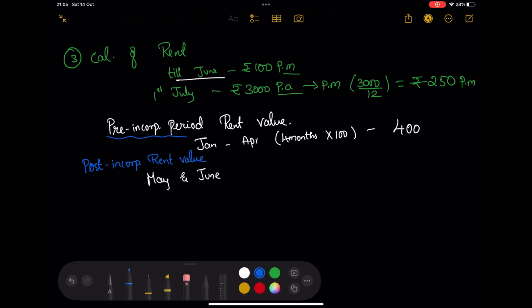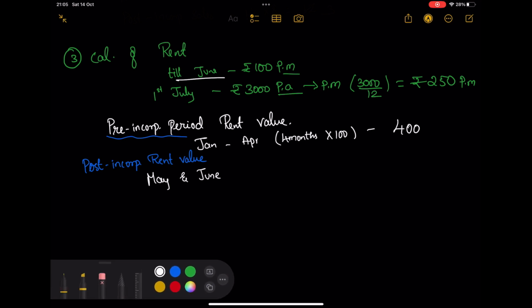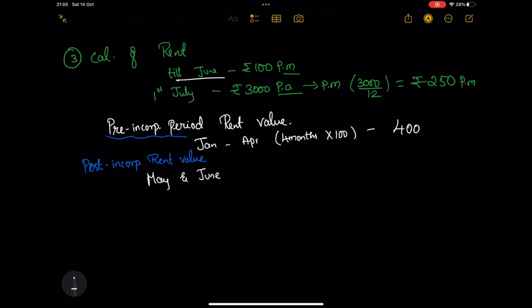Got it? For May and June it is valued at 100 only. So 2 months into 100, which is 200.